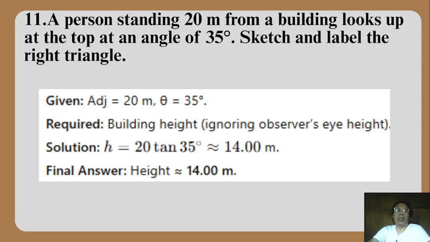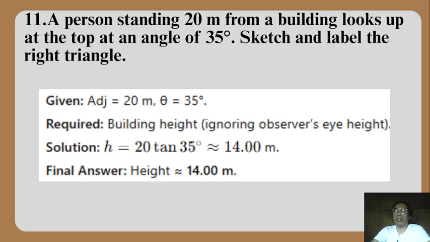And we are going to use the function tangent of angle theta, opposite over adjacent. Why are we going to use that? Because the adjacent side is given. So cross multiplying it, the value of h is equal to adjacent multiplied by the tangent of the angle theta.